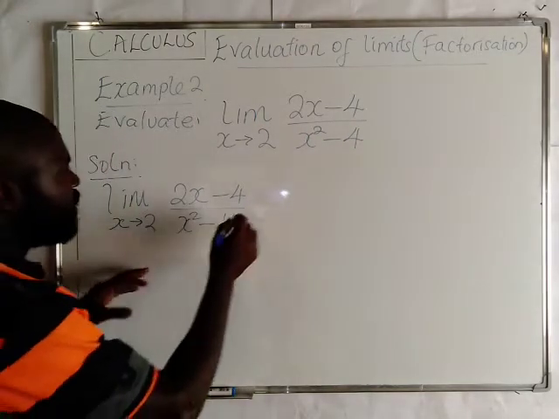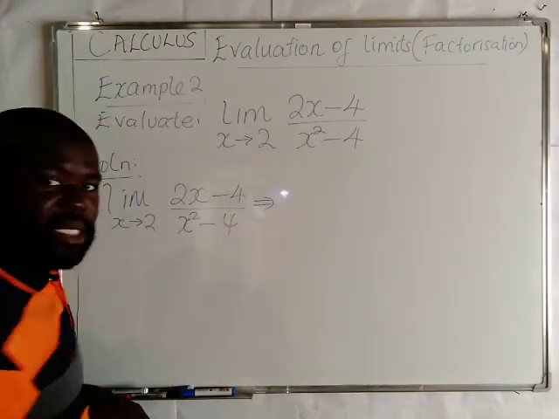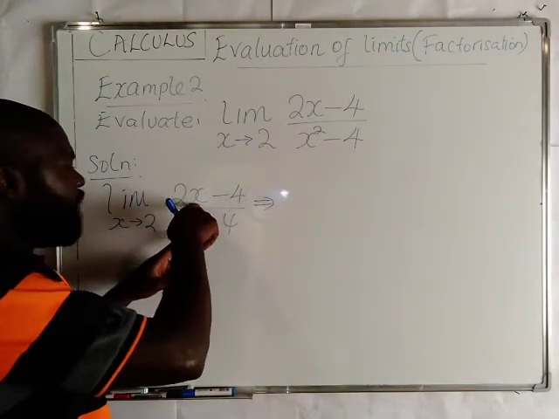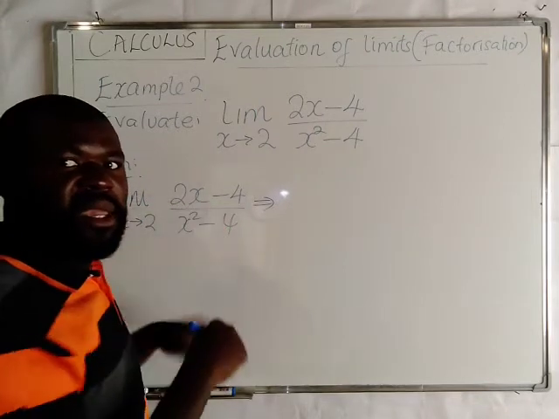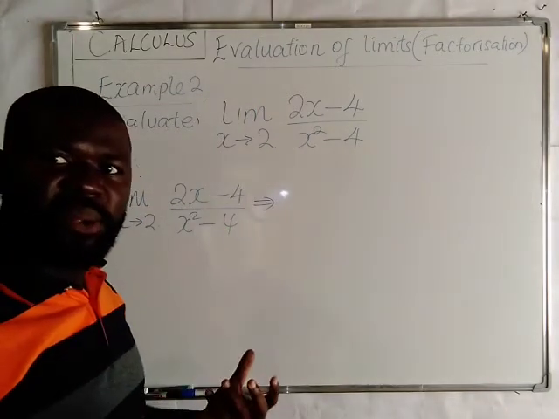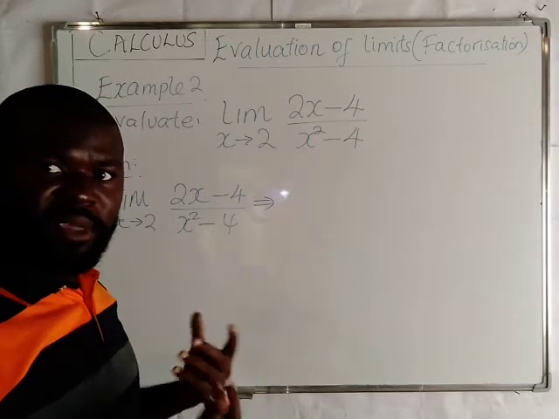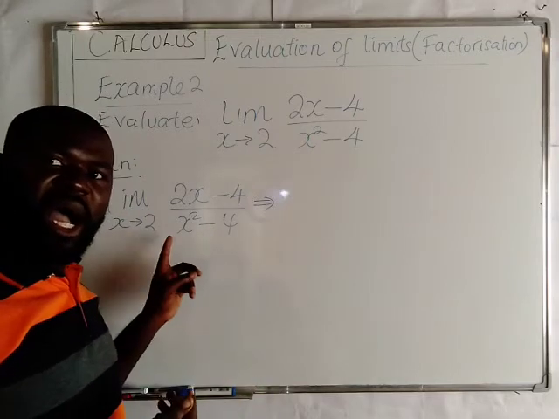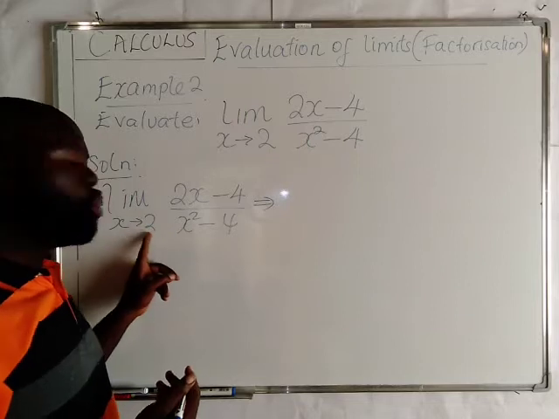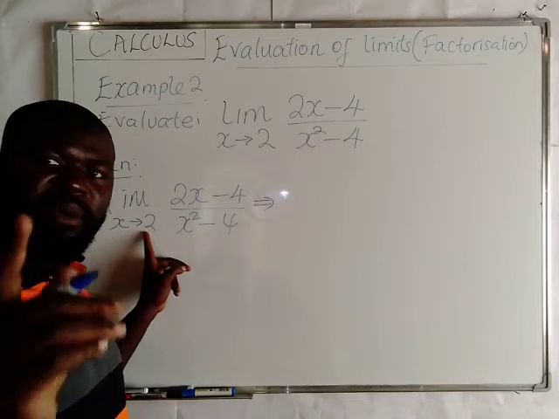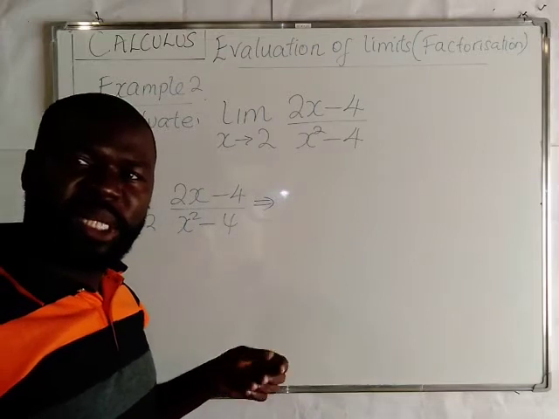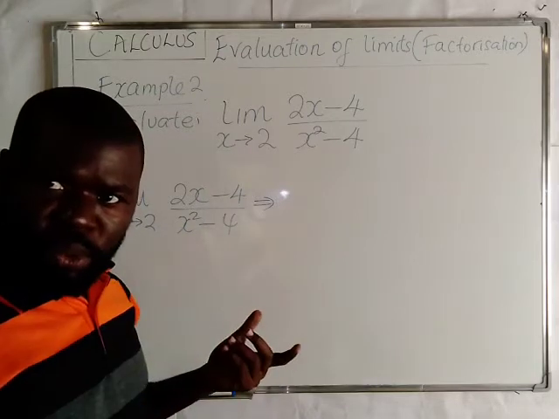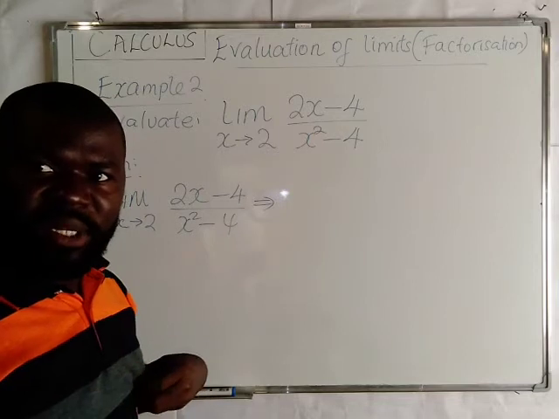According to the substitution method, wherever we have the x in the function that we are given, we are supposed to substitute the limit that we are given. In this case, our limit is 2. So wherever we have x here, we are supposed to substitute with 2, because that 2 is our limit.